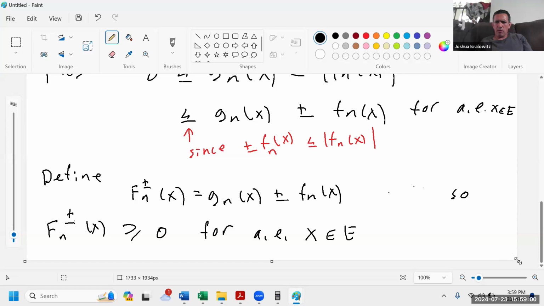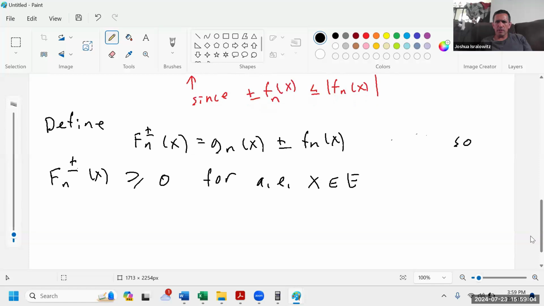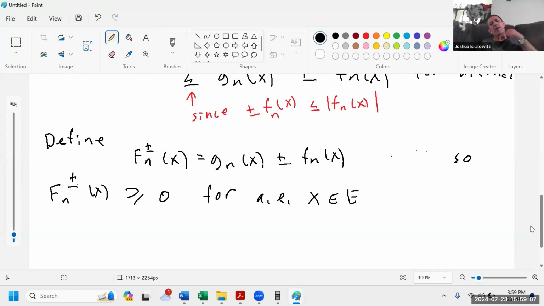All right, so I have a very useful function, and it's certainly measurable because it's the addition or subtraction of measurable functions. Okay.